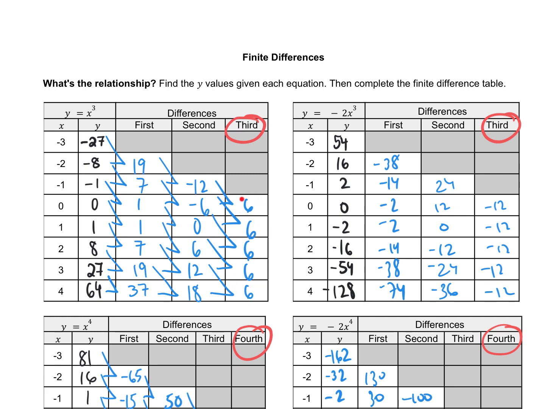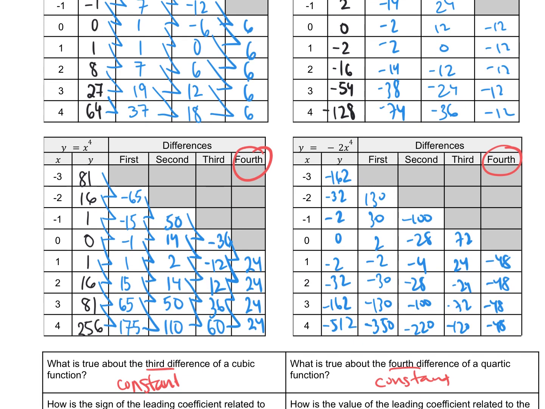My third differences were positive, matching my positive leading coefficient. These third differences were negative, matching that negative leading coefficient. An exact same thing for the quartic function. Positive leading coefficient, positive constant fourth differences.